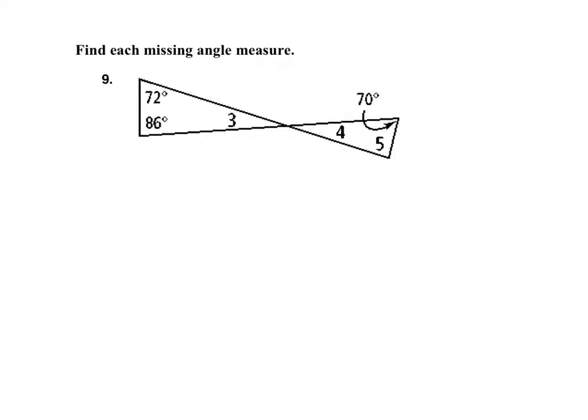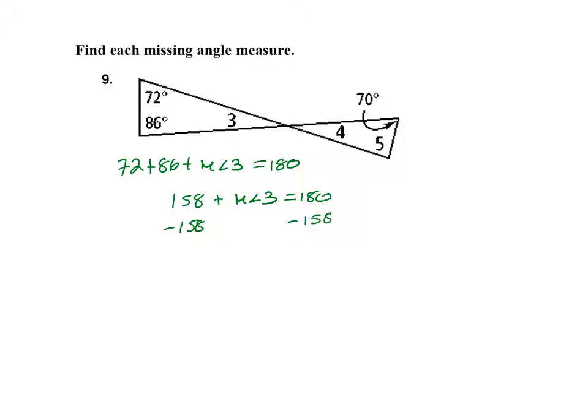Now this one, I want to find the measures of all the angles. I'm going to start with 72 plus 86 plus the measure of angle 3 equals 180. So 72 plus 86 is 158, plus the measure of angle 3 equals 180, minus 158. The measure of angle 3 equals 22 degrees.